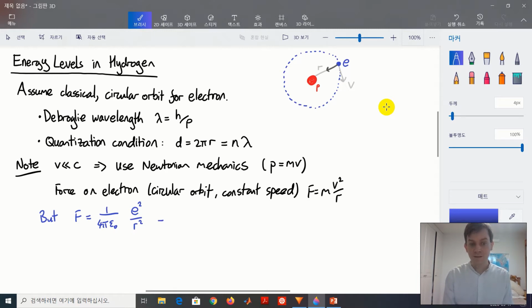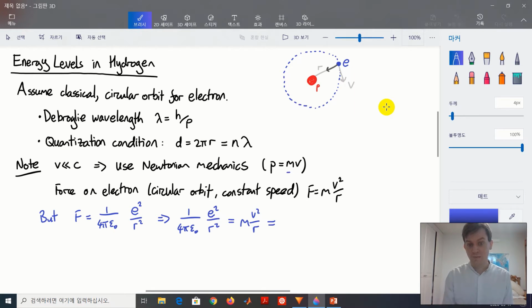Okay, and therefore you equate this force equal to the force required to make the electron go around in a circle. We see that 1 over 4 pi epsilon 0 e squared over r squared must be equal to m v squared over r, and I want to be able to write this in terms of the momentum, so we can use the de Broglie wavelength.